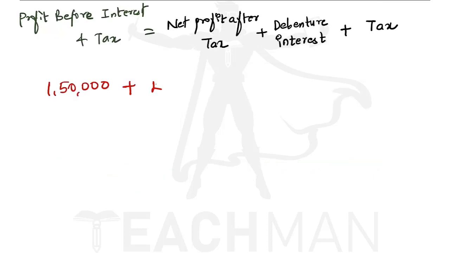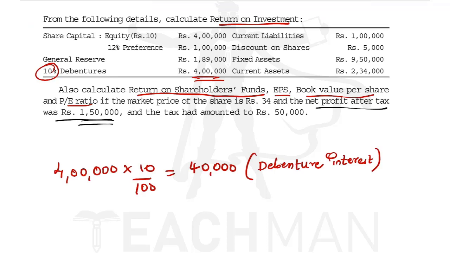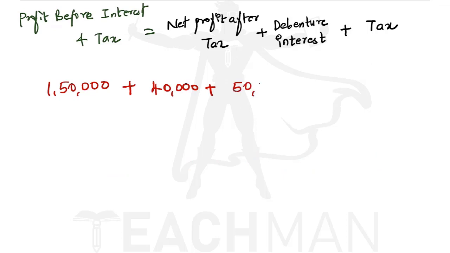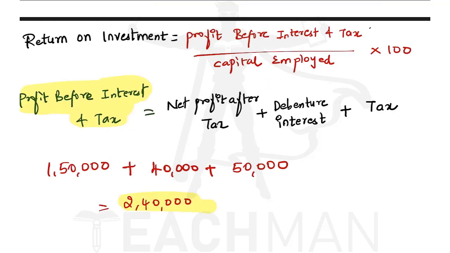So debenture interest is 40,000 plus tax. In the question, they had said tax had amounted to 50,000. So tax is 50,000. So 1,50,000 plus 40,000 is 1,90,000 plus 50,000 is 2,40,000. So we have got profit before interest and tax, that is 2,40,000.